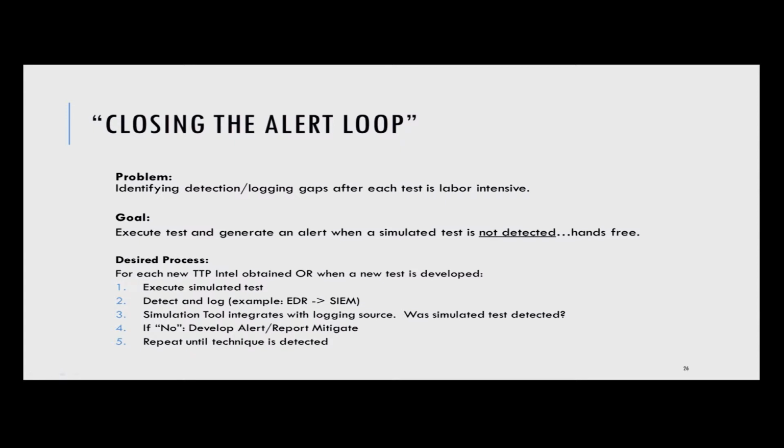Yes or no. I have not found any open source tool that is able to automate that process. So the goal of closing the alert loop would be to execute and generate an alert when a simulated test is not detected, hands-free. We want that process to be hands-free.